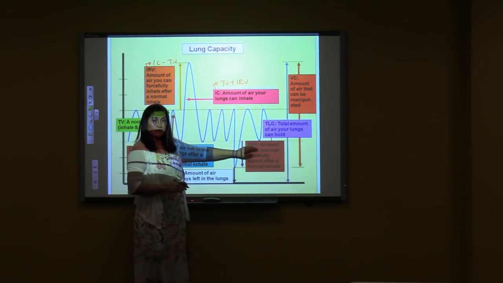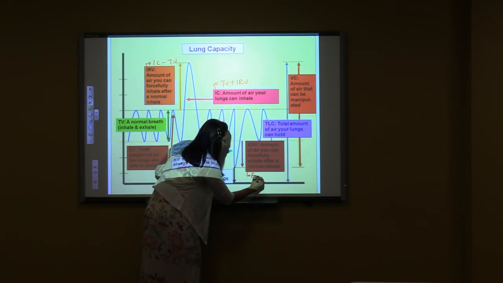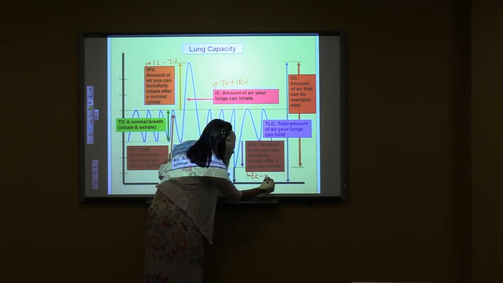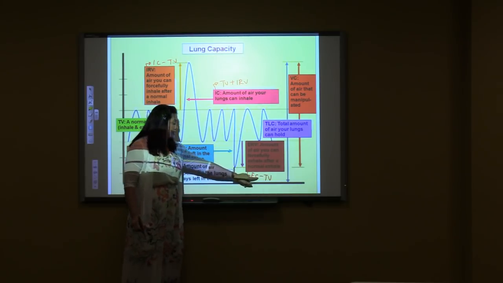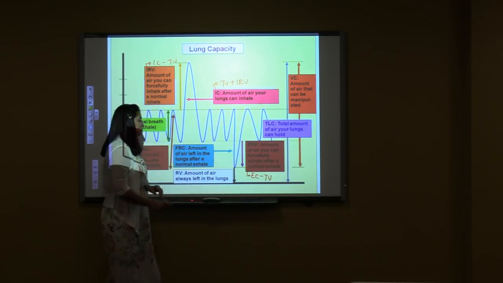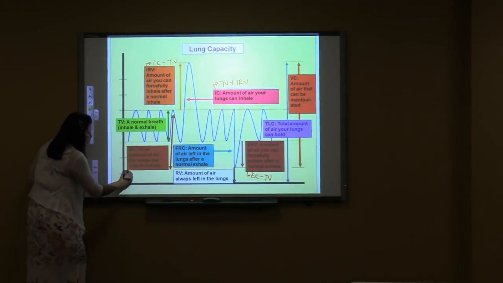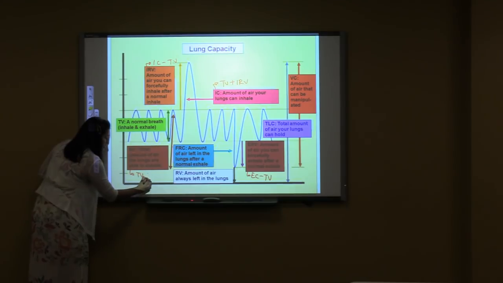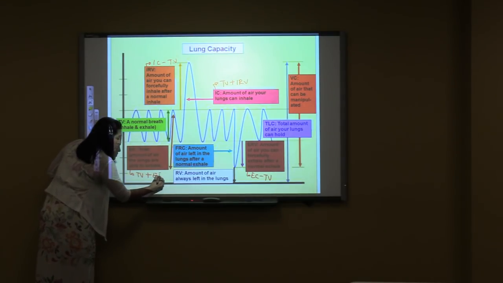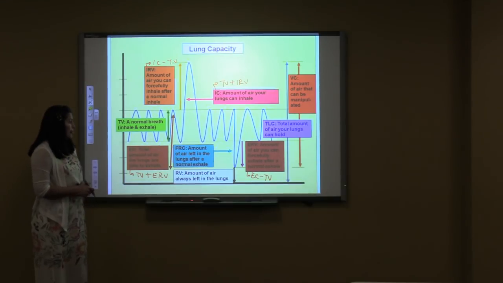To calculate ERV, it's expiratory capacity minus tidal volume, which will give you ERV. How do you calculate EC? TV plus ERV.